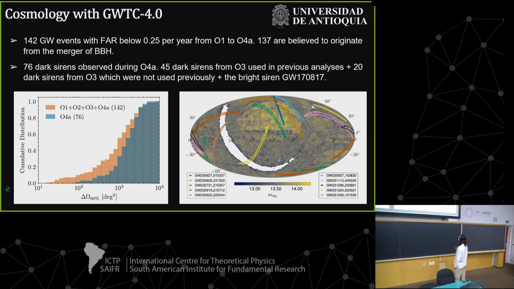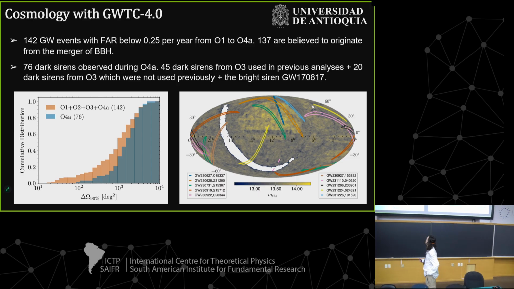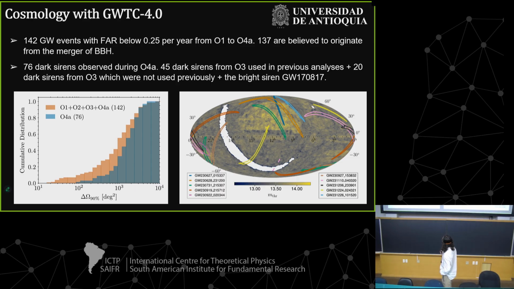And this other plot is an overlap between the magnitude threshold map. So the 76 comes from O4A. 76 is also 45 plus 20 plus 1. Sorry, maybe this was not clear. But these 45 are the other ones.